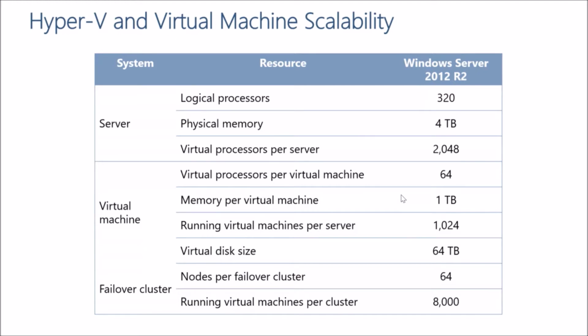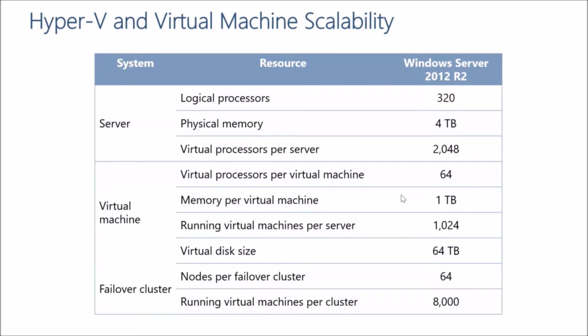Physical memory is 4 terabytes. Virtual processors per server is 2,048, and virtual processors per virtual machine can go up to 64. 1 terabyte of memory per virtual machine, and running virtual machines per server 1,024, and the size of virtual hard disks.